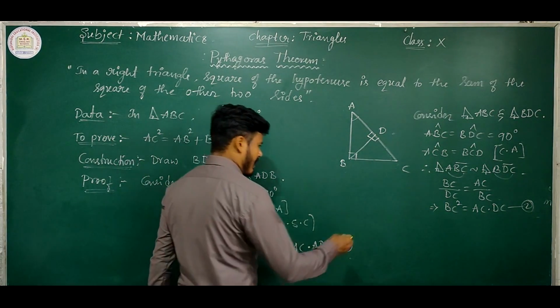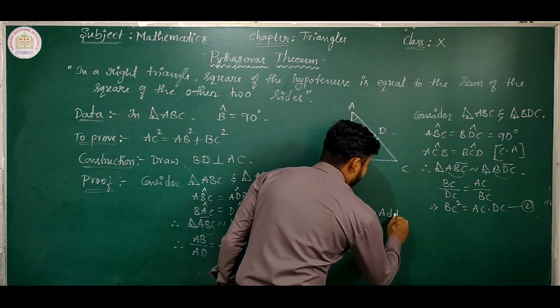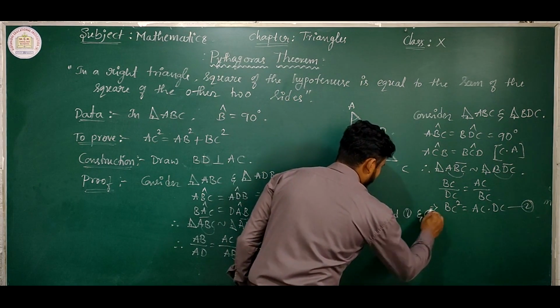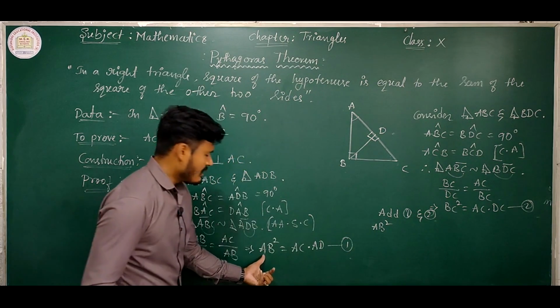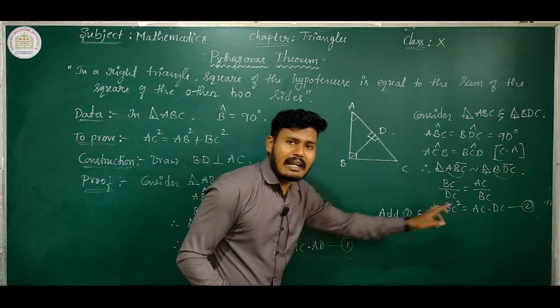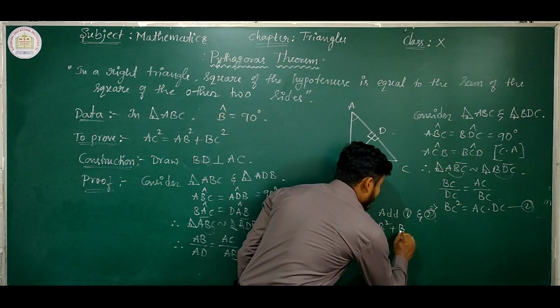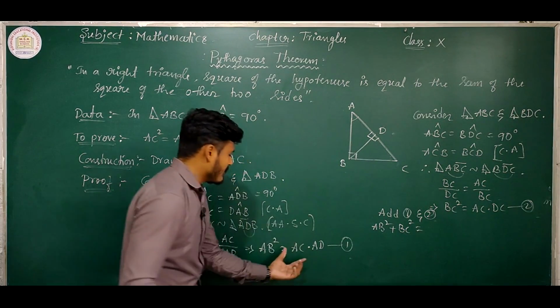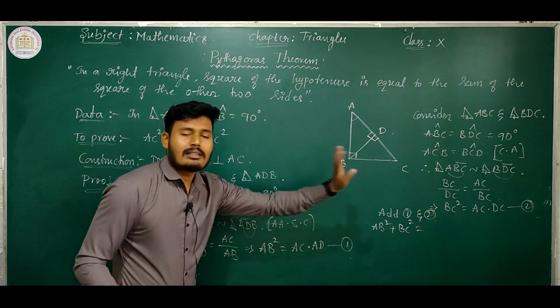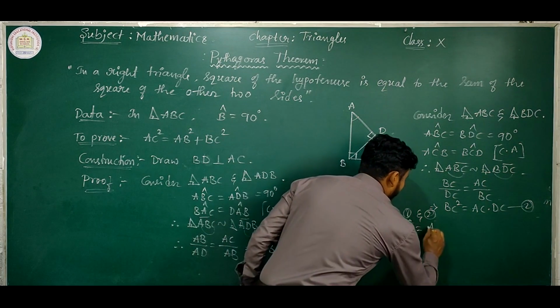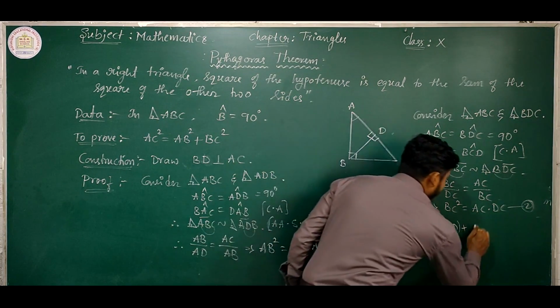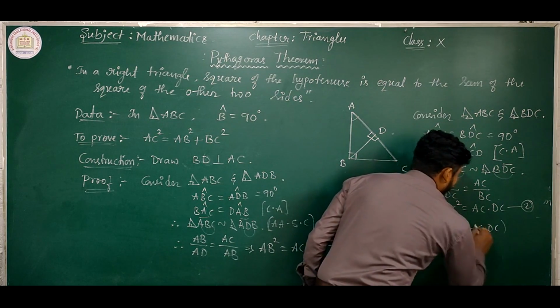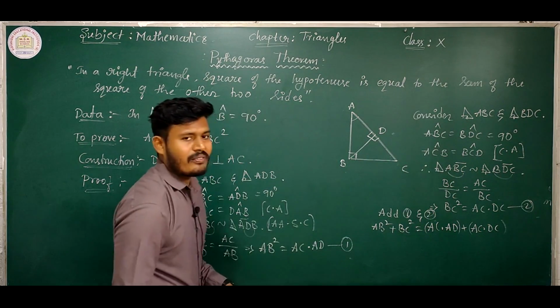Adding 1 and 2, we get AB square plus BC square is equal to, you just add the first RHS with the second RHS, AC dot AD plus AC dot DC. Right? You just observe. Don't get confused about that.